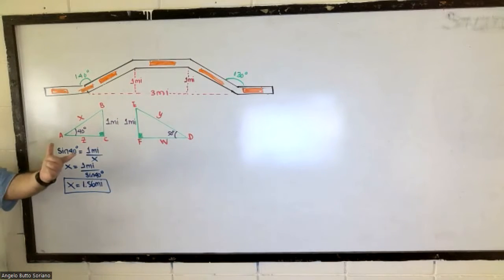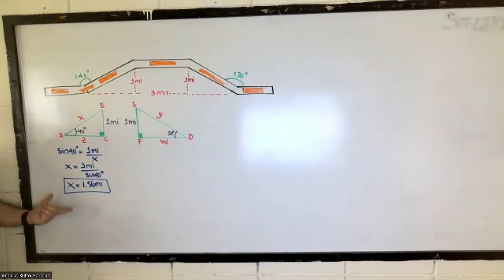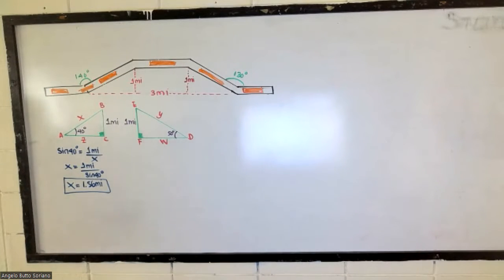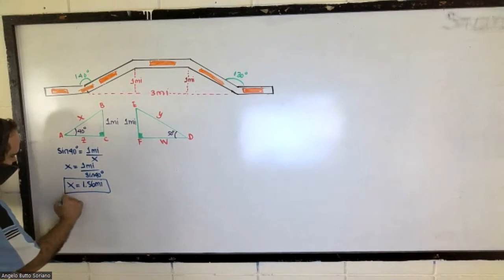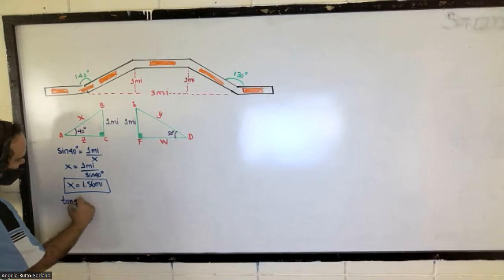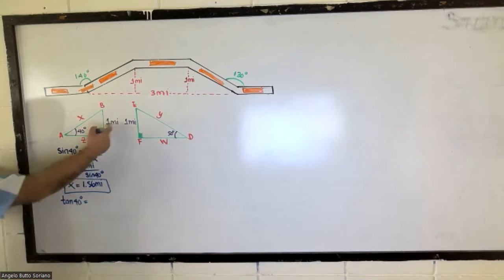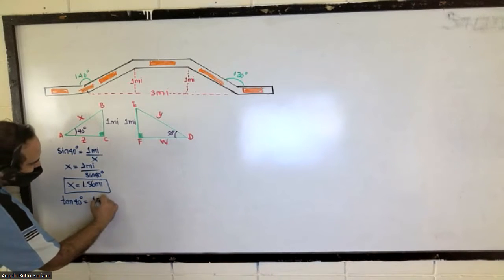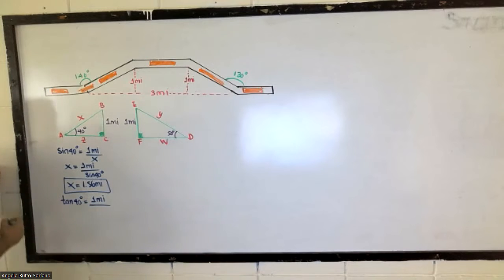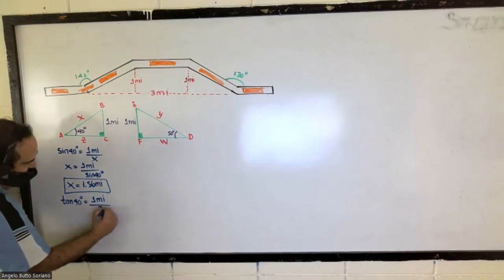Now, we can try to look for the value of Z. To find the value of Z, if you wish, you can use cosine or you can use tangent. It doesn't matter which one of them you use; at the end, the result will be the same. So let's use tangent. Tangent 40 degrees equals opposite over adjacent.